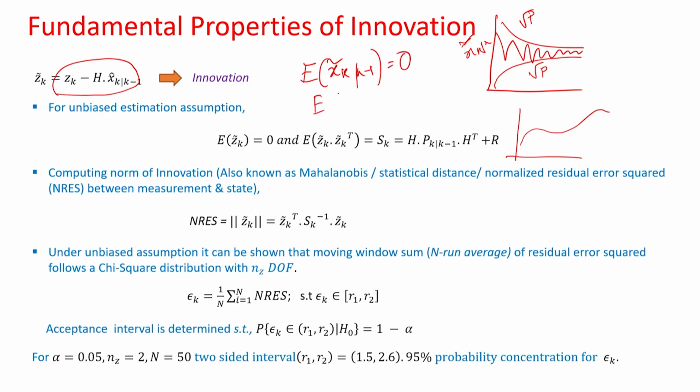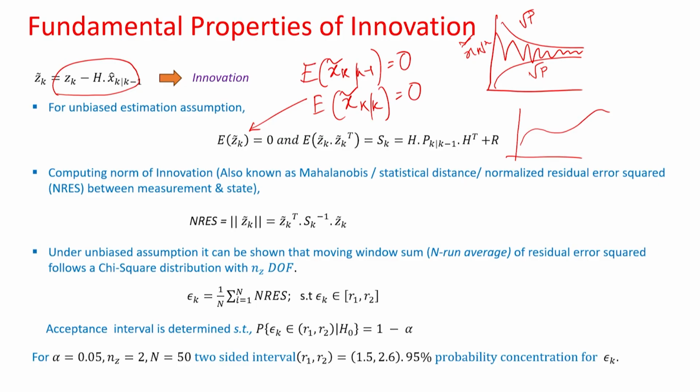All errors I denote using x tilde. Once this is 0, obviously if your Kalman filter is unbiased, then the average of the innovation is also 0.